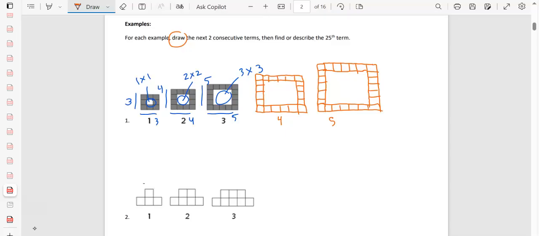Now, for the 25th term, I certainly do not want to draw something that has 27 squares. And so how I would sketch that out is I might do a corner piece, like so. And then I would go over here and write 27. And see how I put the dots.